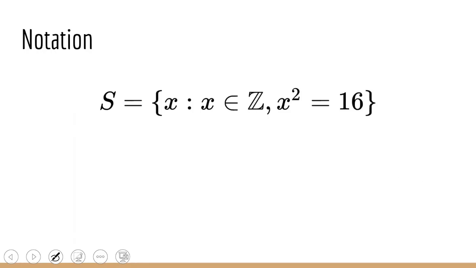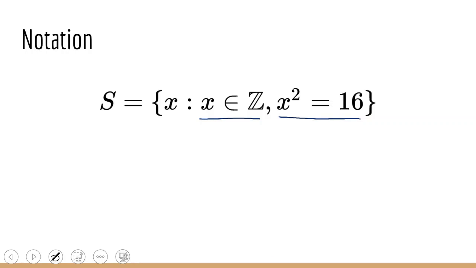Of course, we do need to be able to denote sets that are more specific than these number classifications. So here is an example of how. We can create set S such that it includes x such that x is an integer, and squaring x will result in 16.